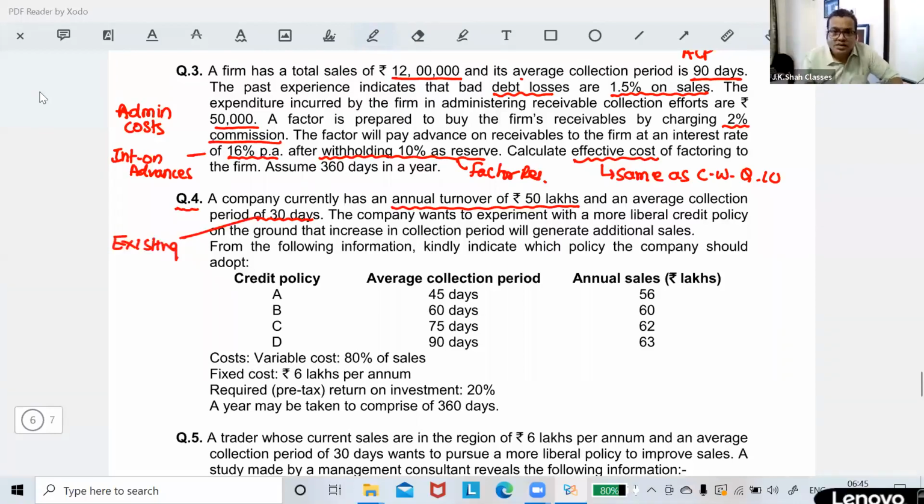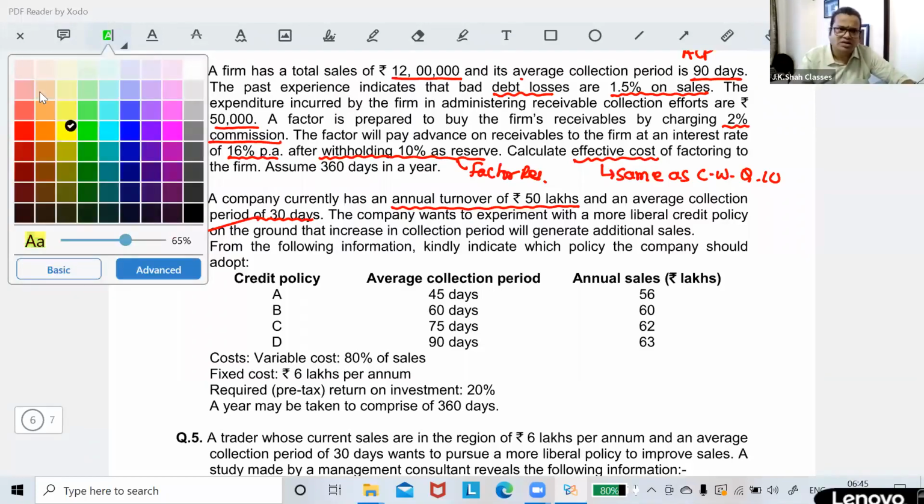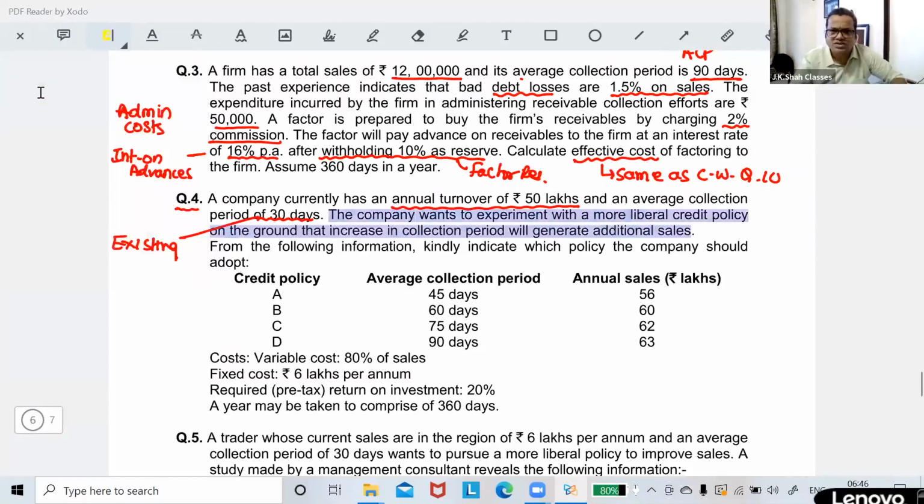The company wants to experiment with a more liberal credit policy on the ground that increasing the collection period will generate additional sales. I think this statement we know. These are usual things that appear in the question. This is common. It has no impact on our solutions.